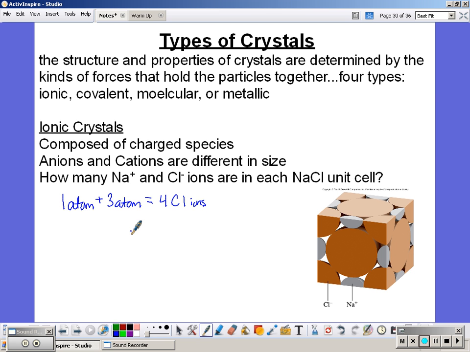Now the sodium ions are on the edges, and the edges contribute 1/4 of an atom.